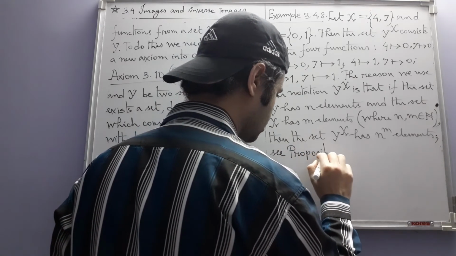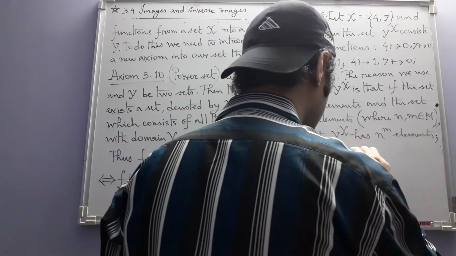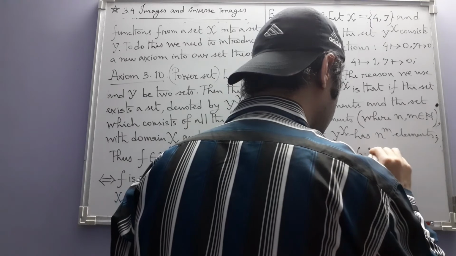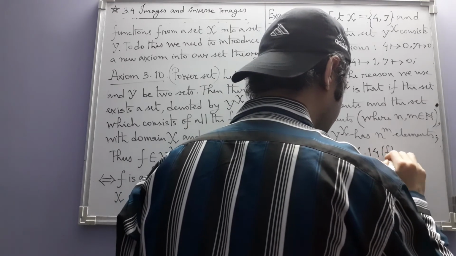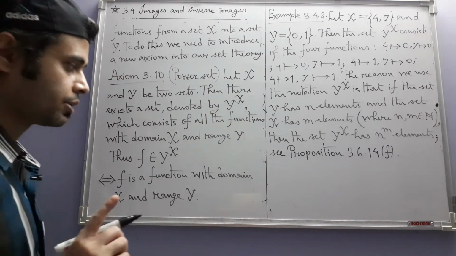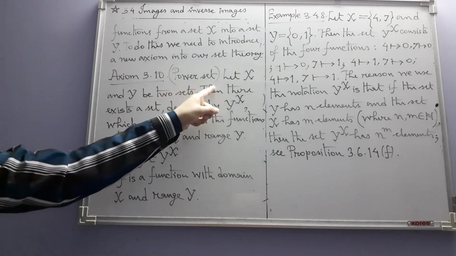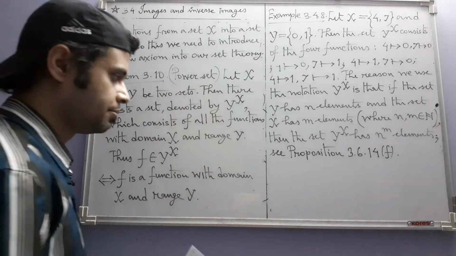Specifically, we will prove this here. See, proposition 3.6.14, it has many parts. So part F deals with this. Okay, now we come to the question of why we are calling this the axiom of power set.